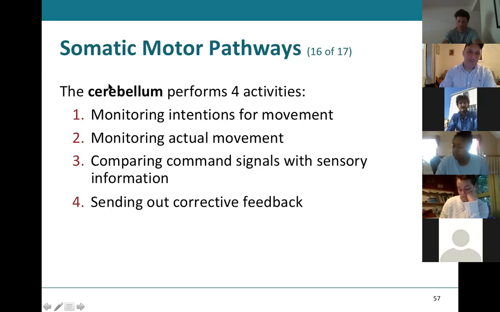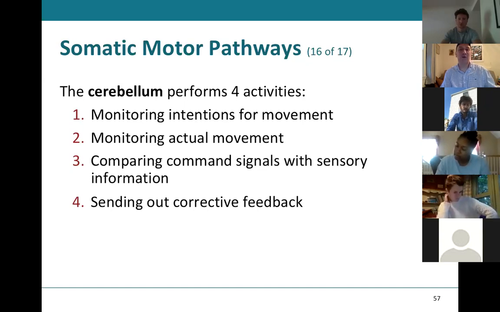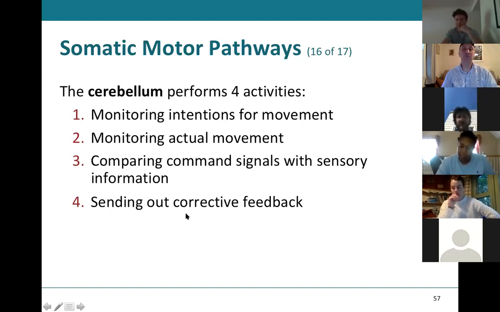So the same thing happens with your cerebellum. When you're literally practicing for a performance, remember the practice is where all of the hard work is done. The actual execution should seem easy, and that's because the cerebellum has actually compared the signals to the sensory input. And it still has the ability then to send out corrective feedback, especially if you've practiced enough.